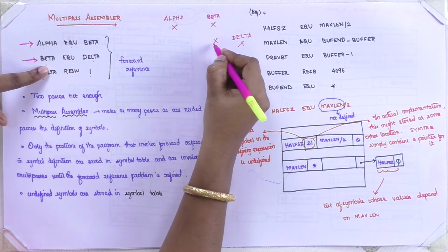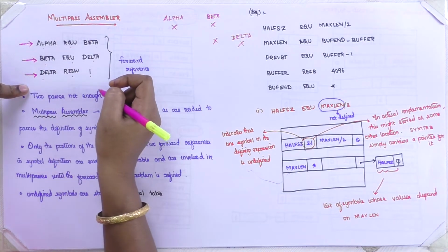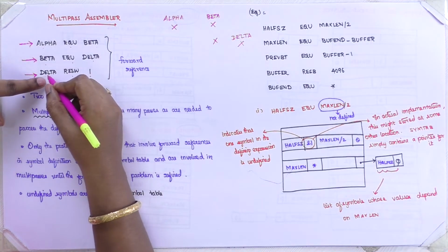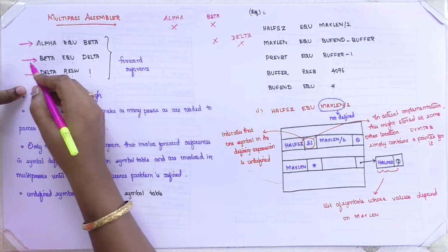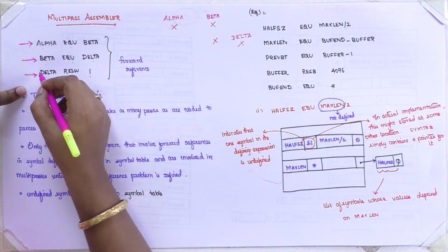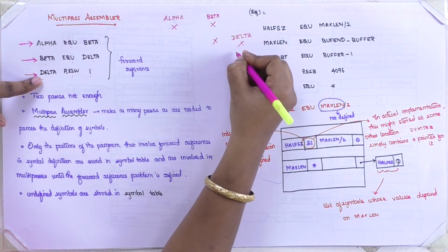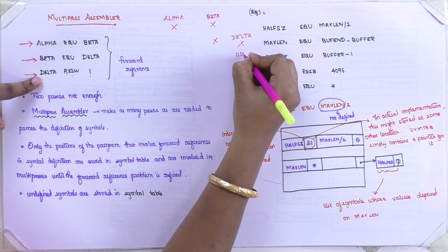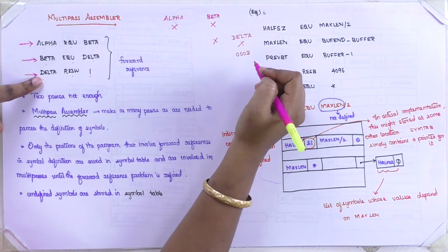So we don't know the value of beta also. Then I am reading the third line, delta RESW 1. So the delta is already encountered. So what is the value of delta? The value of delta is the location counter value. So let me assume that location counter value is some 3. So the value of delta is equal to 0003. Okay. Now one pass is over.